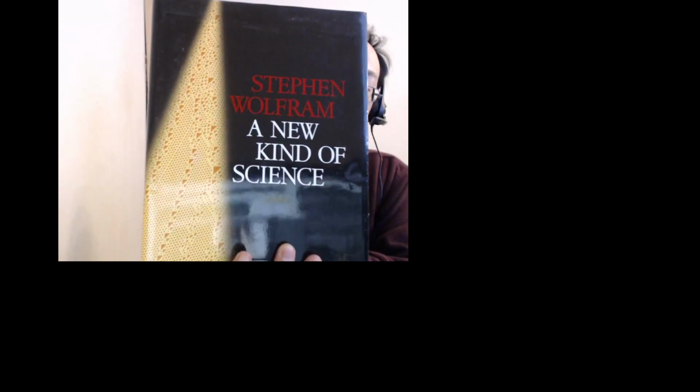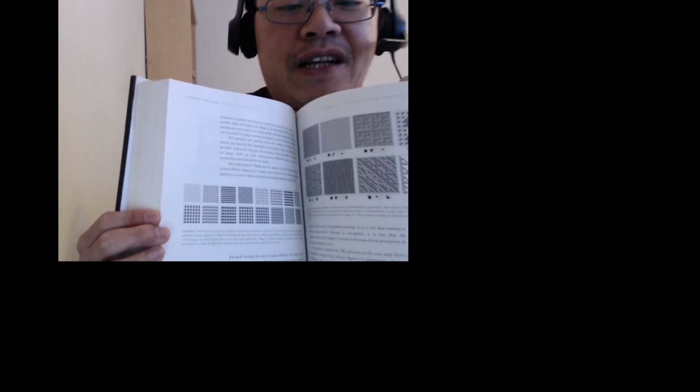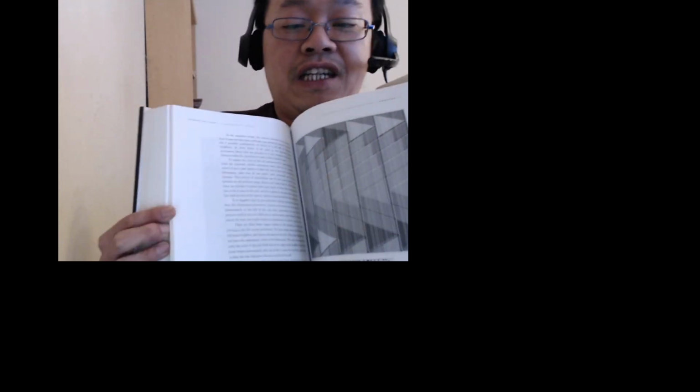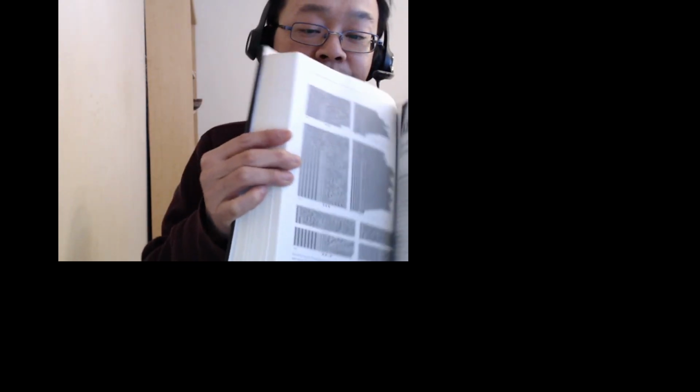And here is Stephen Wolfram, A New Kind of Science. This is a heavy, big doorstopper. Great, fantastic pictures, detail in detail. This book, just for the illustrations, should win an award. But it's not winning an award because all the scientists don't like this guy because he's a braggadocio.